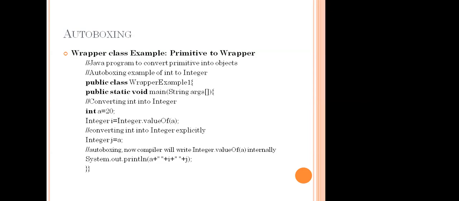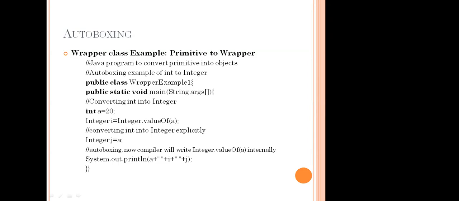That normal primitive I am going to convert into an object, that is, into a wrapper. I already said that we have the valueOf method, so we convert the value into an object. This is converting an int into an Integer explicitly.